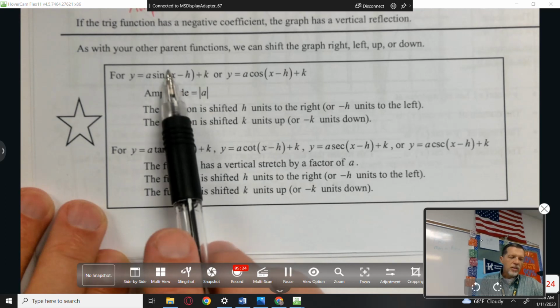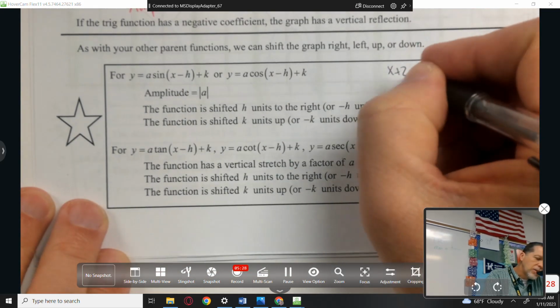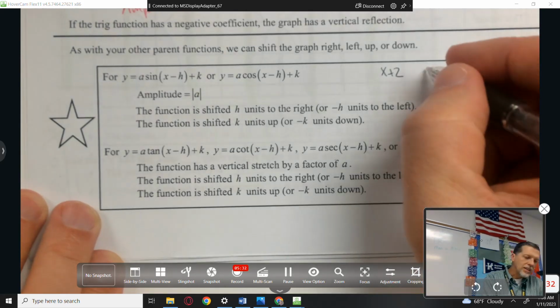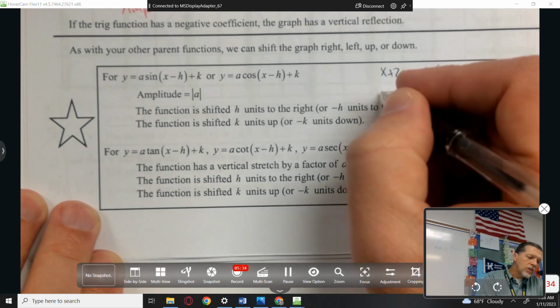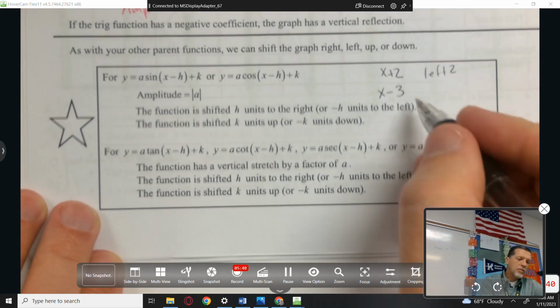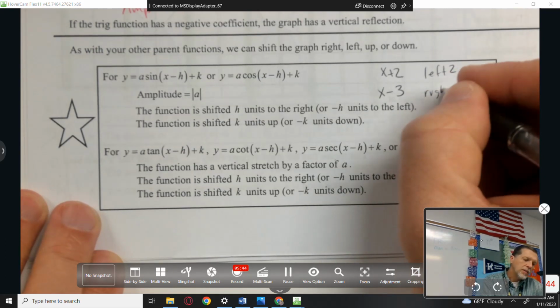Remember, the sign is backwards for the x stuff. So if it's x plus 2, which way does that shift it? That's a left 2. So all your shifting rules, your up, down, left, right rules are the same. X minus 3, which way would that shift it? Right 3.